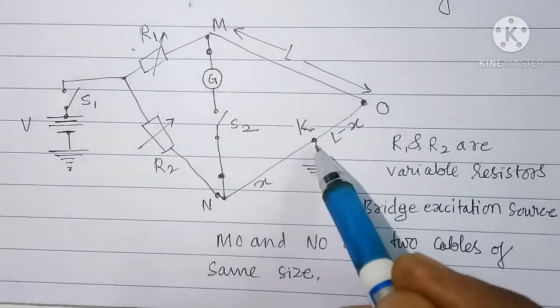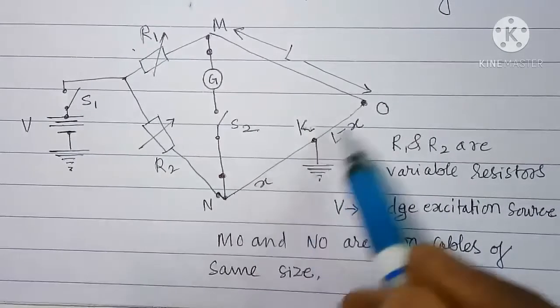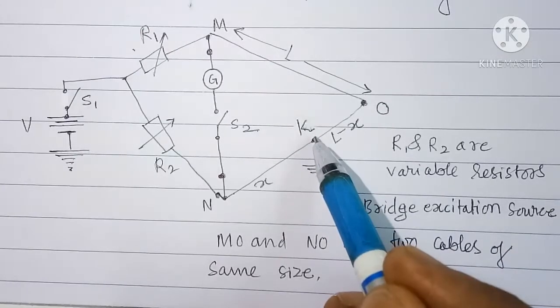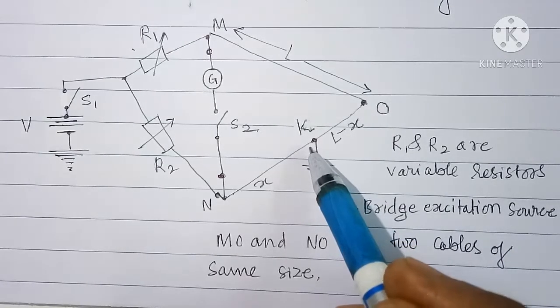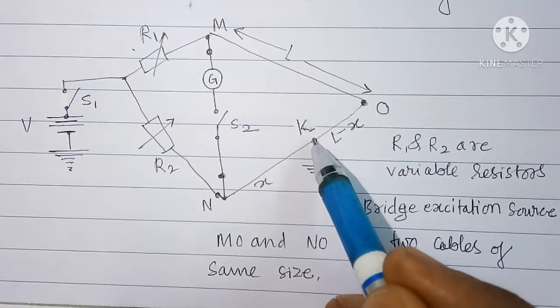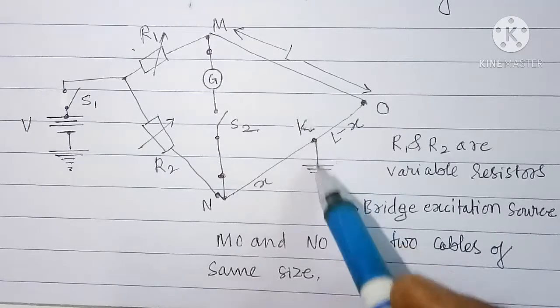Let us say insulation of cable NO has failed at point K. That is, conductors inside cable NO are grounded.